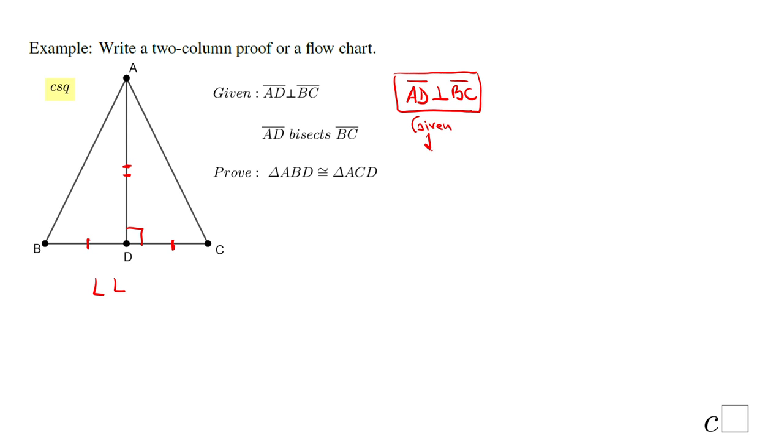Based on this, we have those two right angles, and you want to say angle ADB and angle ADC, right angles.